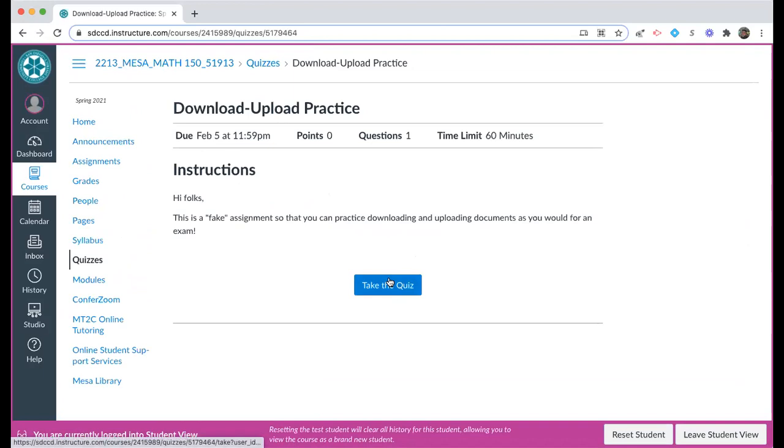You click on this, a document will pop up, you'll be able to print it out, write on it or whatever, look at the questions, and then upload your document. Okay, so this is just a practice of uploading and downloading your work. Also, when you submit your quizzes, that's practice too. You do not have to do this assignment. If you did, that's awesome. But really it's just for practice, uploading and downloading documents for an exam, okay?